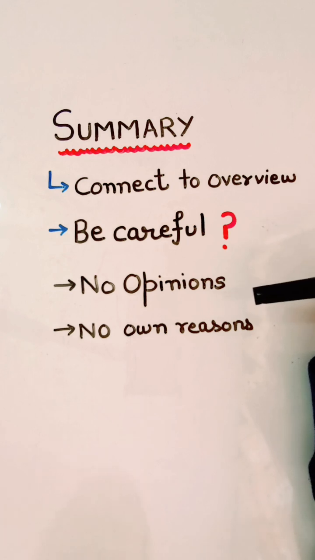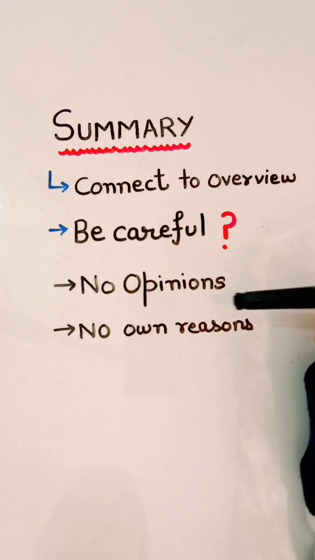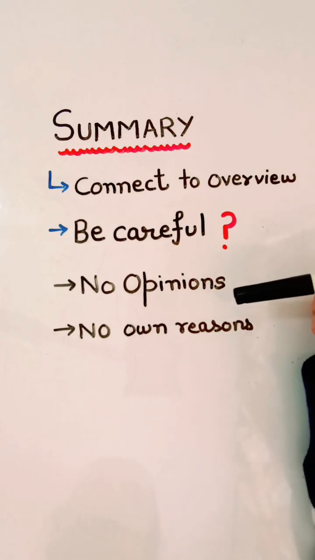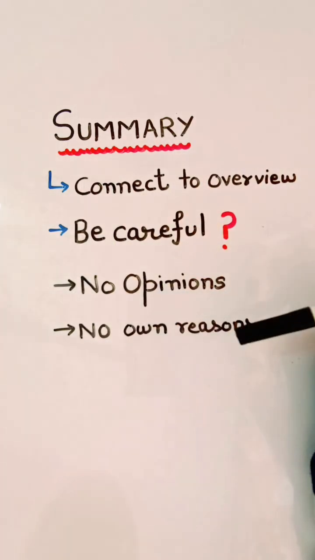Maybe because of this reason, that reason, no, not at all. Whatever is written in the chart, in the table, in the picture, in the pie chart, you have to stick to that. Okay, so this will make your summary the best one.